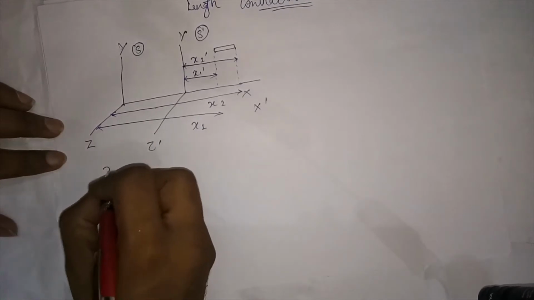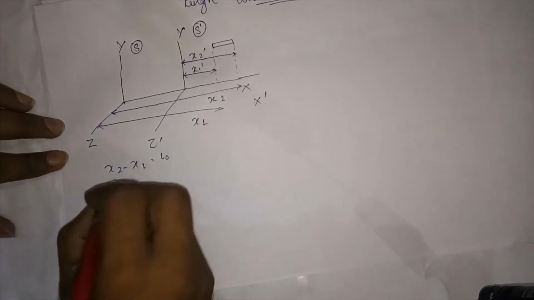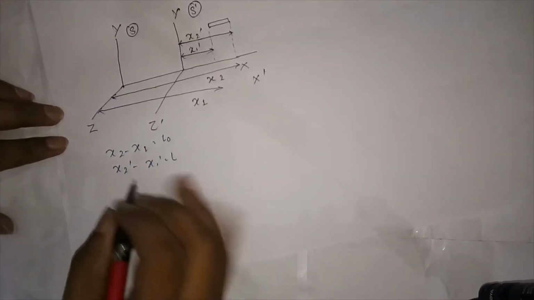So we have x2 minus x1 equal to L0 and x2 dash minus x1 dash equal to L.